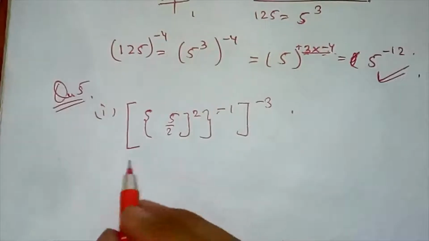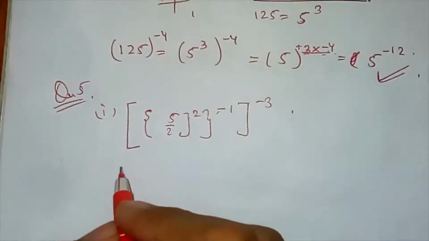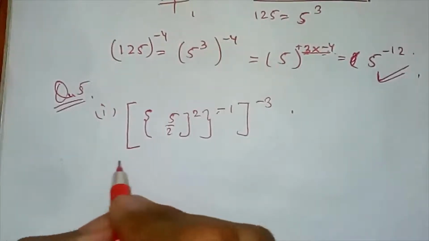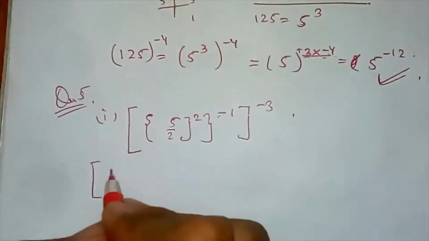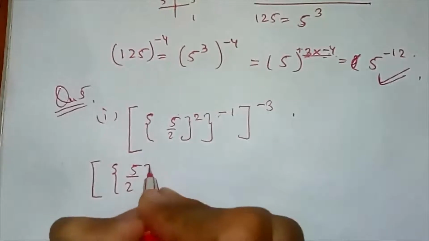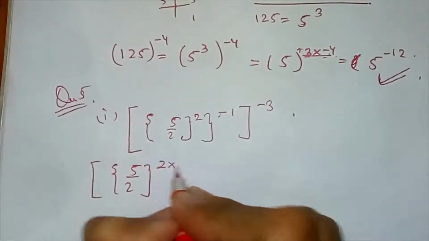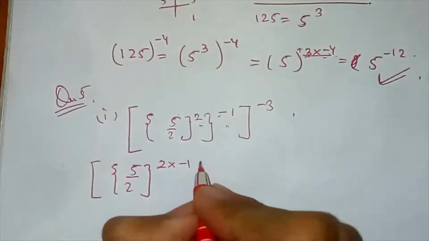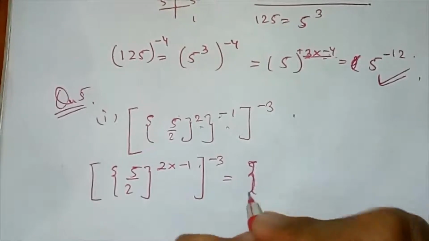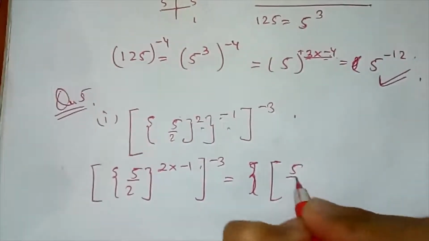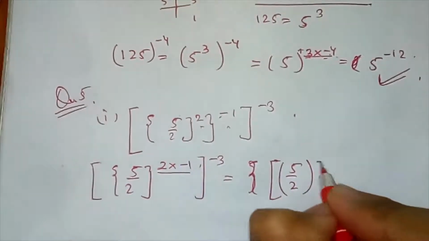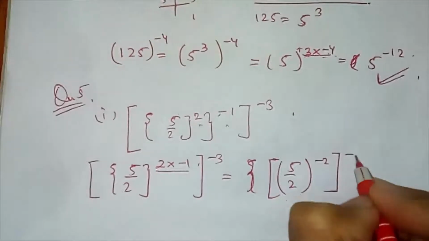So the question is like this. We have to simplify and write in exponential form with positive exponents. We have to write it in positive terms of power. So first we will multiply these powers: 2 into minus 1, and we will get 5 to the power minus 2. 2 into minus 1 is minus 2, and then minus 3.